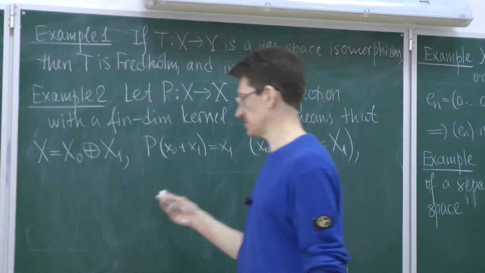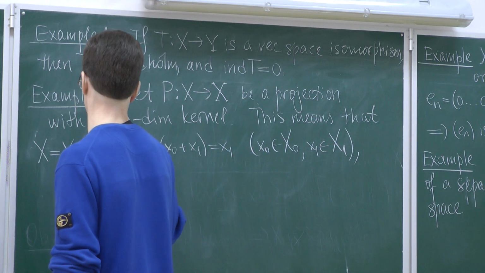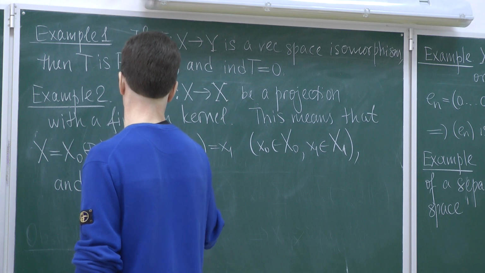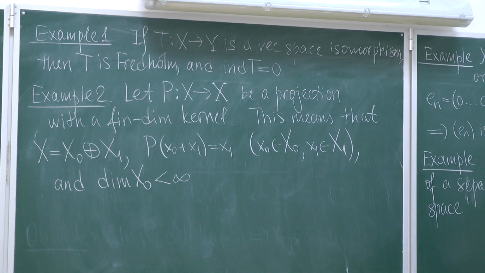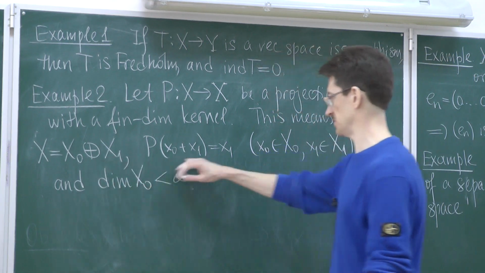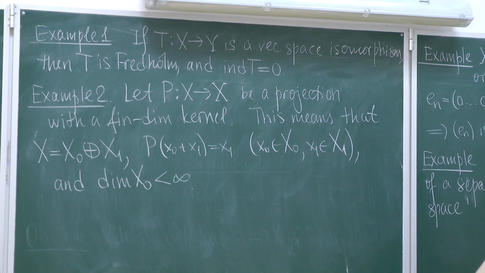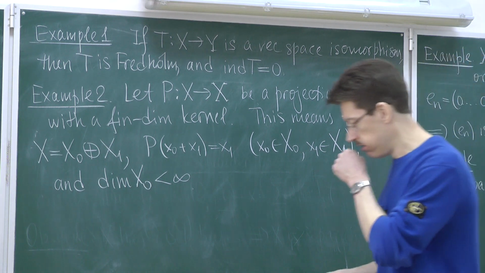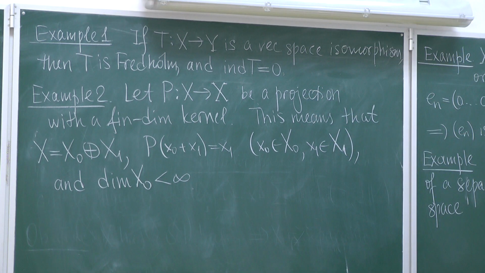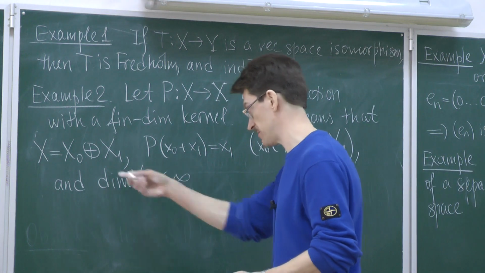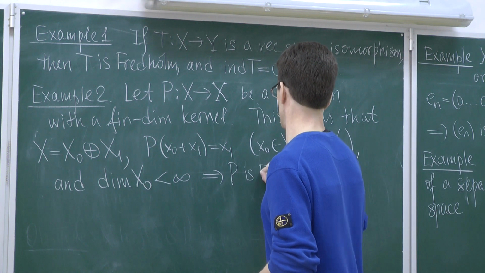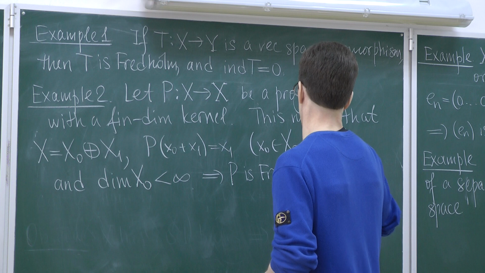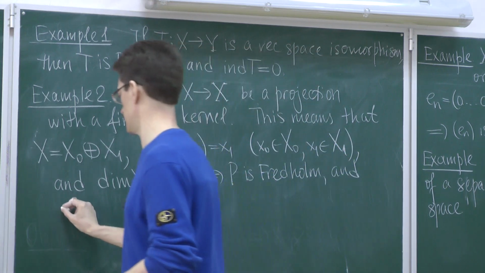And X0, which is the kernel of P, is finite dimensional. But because of this decomposition and because of this formula, it's easy to see that the image of P is X1. So the co-kernel is isomorphic to X0. So the co-kernel is also finite dimensional, and it has the same dimension as the kernel. So we conclude that P is Fredholm, and the index of P is 0.